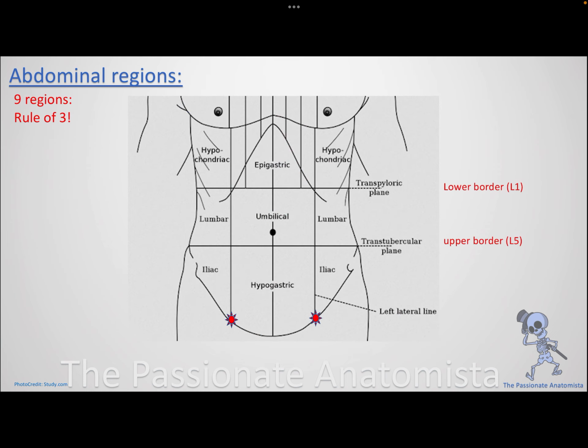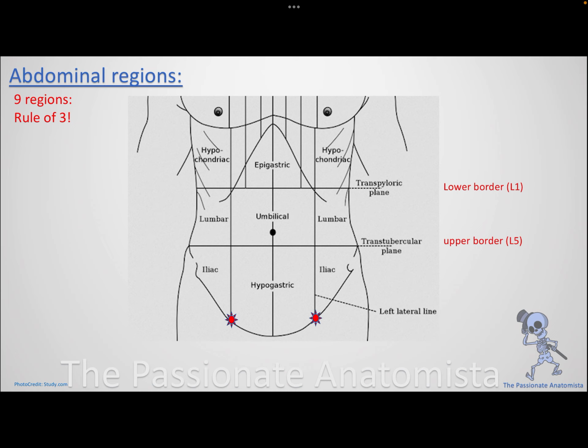Moving on, as we proceed in the videos of this module, you'll find that it's very important that we divide the abdomen into regions, because each one of the regions is going to reflect a problem in an organ. And as you proceed, you will hear in which region we find the problem of certain organs.